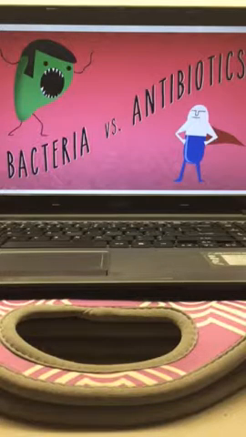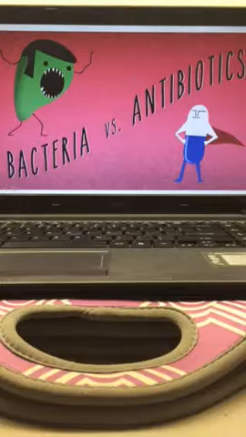You can do this by taking the antibiotics responsibly, which means you take them only if you have a bacterial infection, not a virus. Antibiotics do not kill viruses. I repeat, you only take antibiotics if you have a bacterial infection, not a virus. Okay?